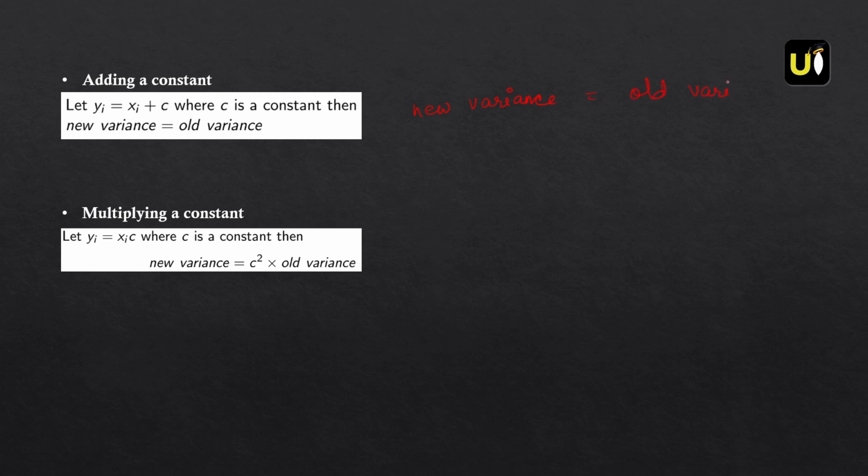All right, and if we multiply by a constant, suppose we multiply 5 with the data, the new variance will be equal to c square into old variance, that is, 5 square into old variance. All right.